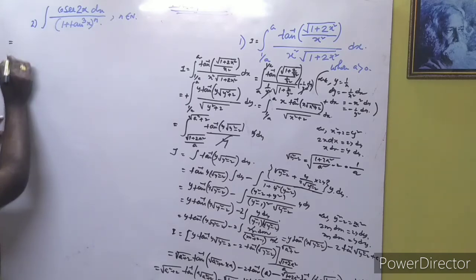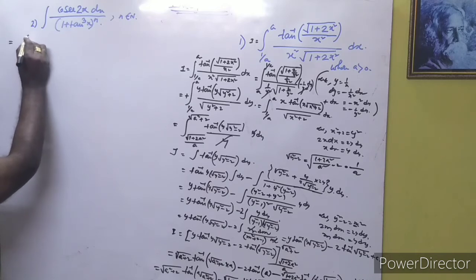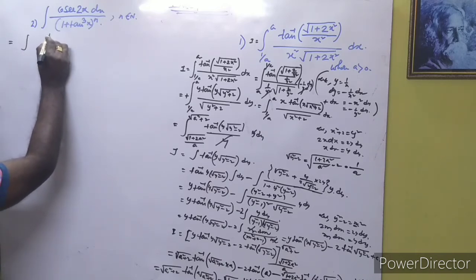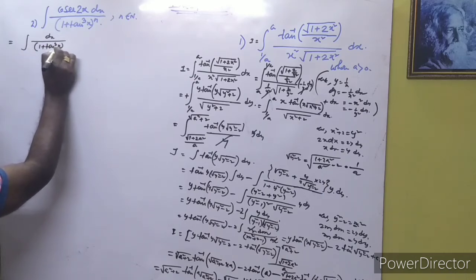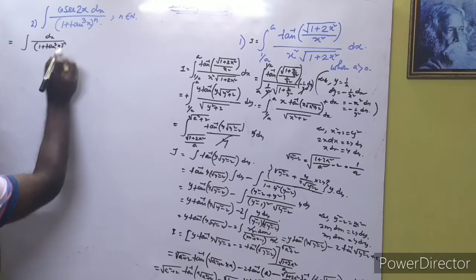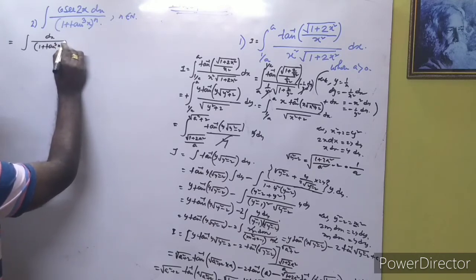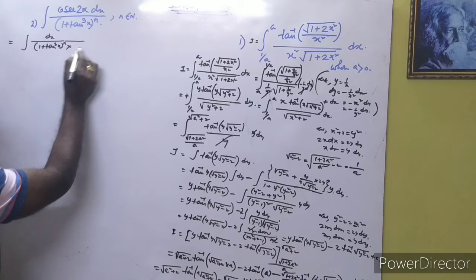And this is equal to, we can write dx by 1 plus tan cube x whole to the power n and dx, and this is cosec 2x.